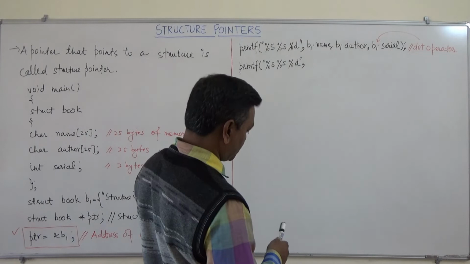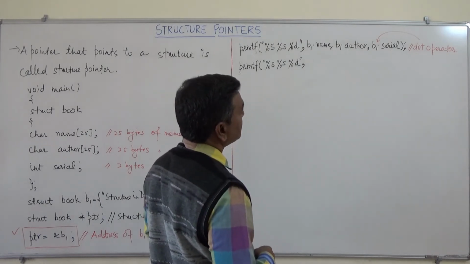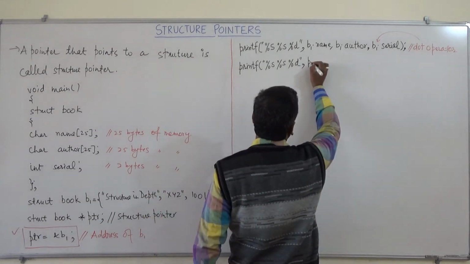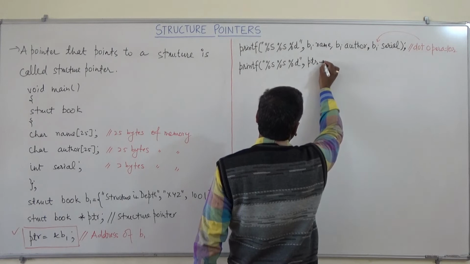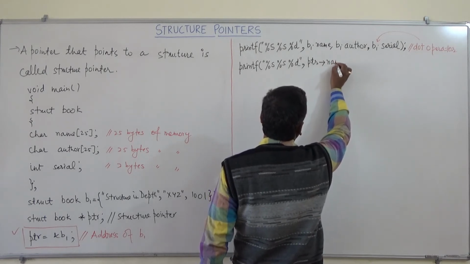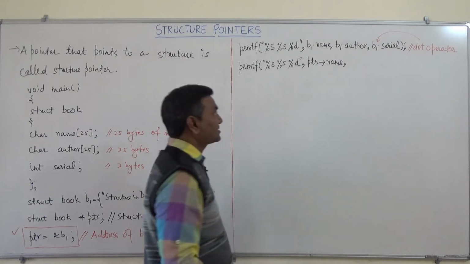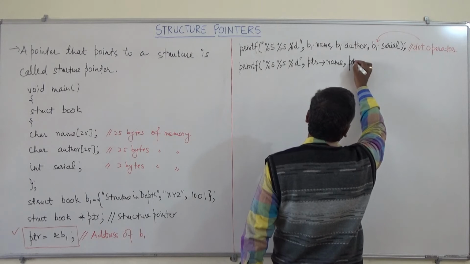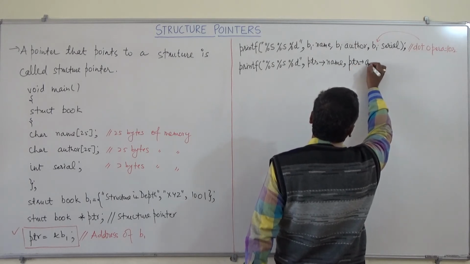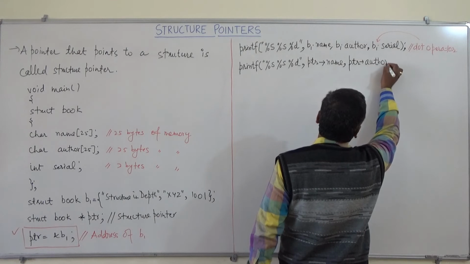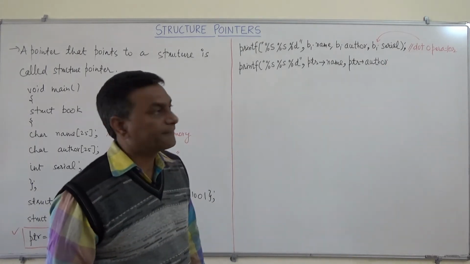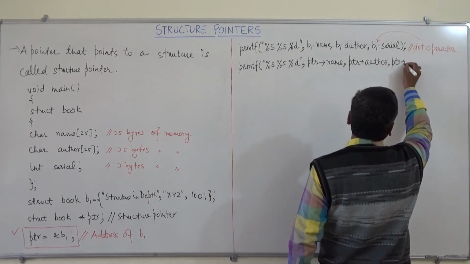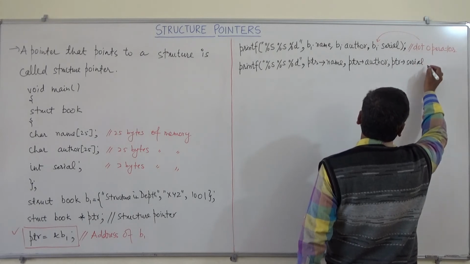So here we will use PTR arrow, then the first member of the structure, that is name, then PTR arrow author, which is the second member, and then PTR arrow serial.